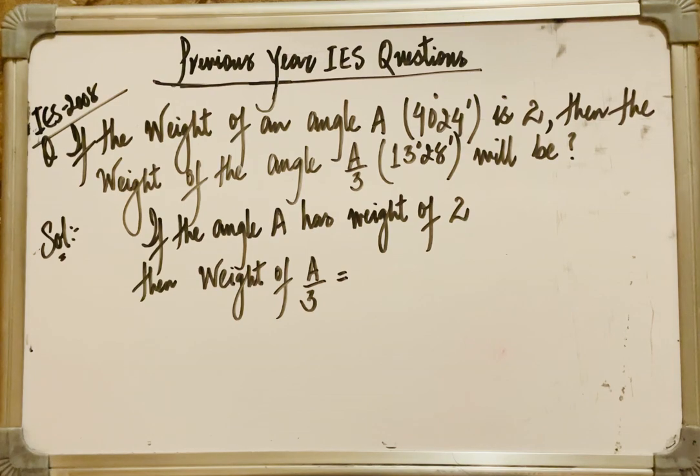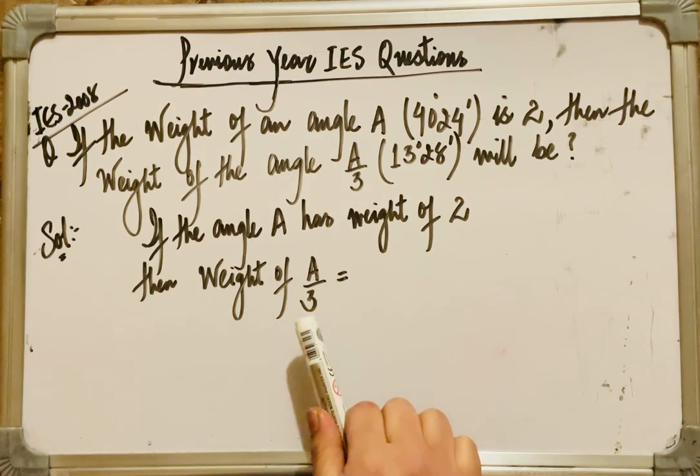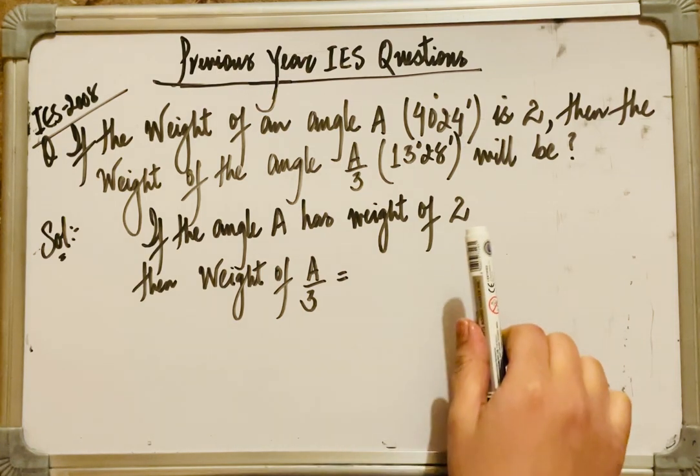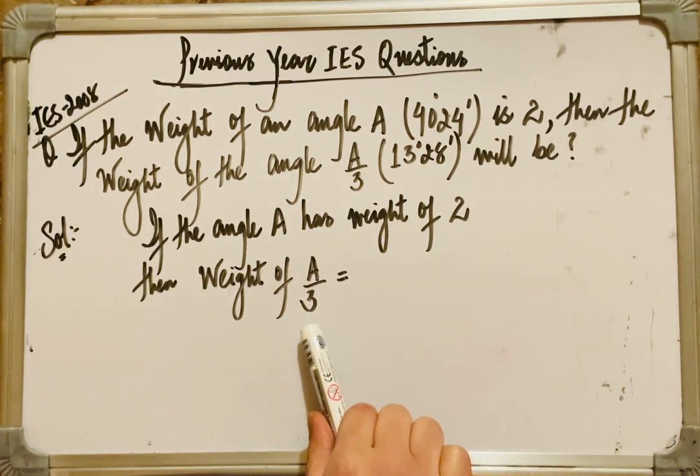The rule says if a quantity of a given weight is divided by a factor, the weight of the result is obtained by multiplying its given weight by the square of that factor.